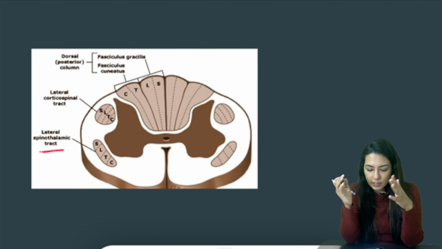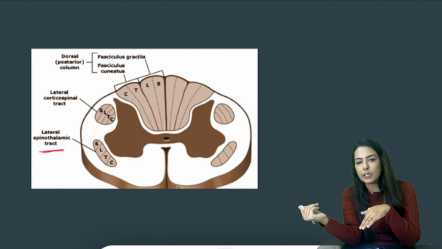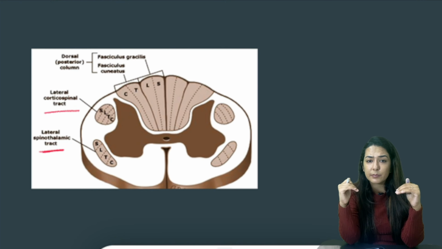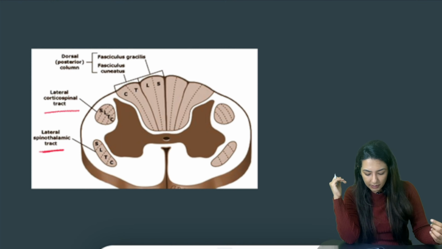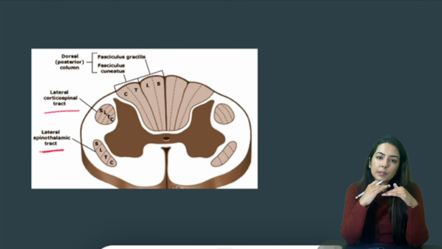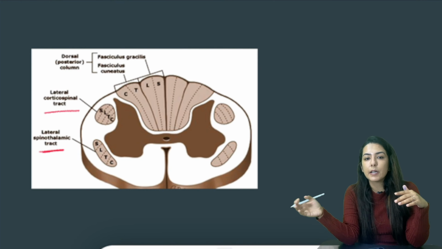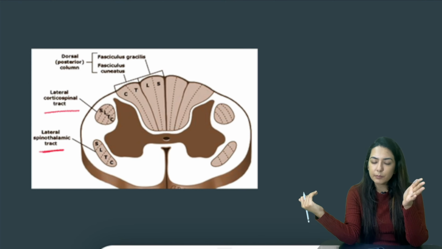Also for the lateral corticospinal tract, it is the same topography in the spinal cord. What does it mean? Sacral fibers are coming from the lower limb, and cervical fibers are coming from the upper limb. So the sacral or lower limb fibers are most lateral in the spinal cord, and the cervical or upper limb fibers are most medial.